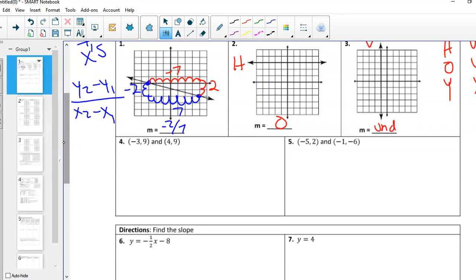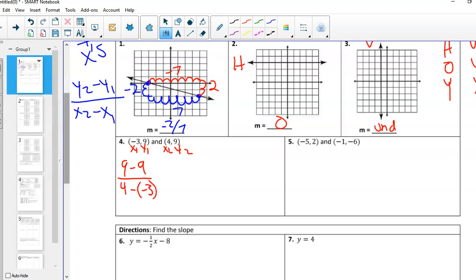Alright. We're going to do one of these together, and I'll let you guys do the other one. Which one of those do you want to do together? 4. Okay. So for 4, label it if that helps you. And then we're going to do 9 minus 9 over 4 minus -3.